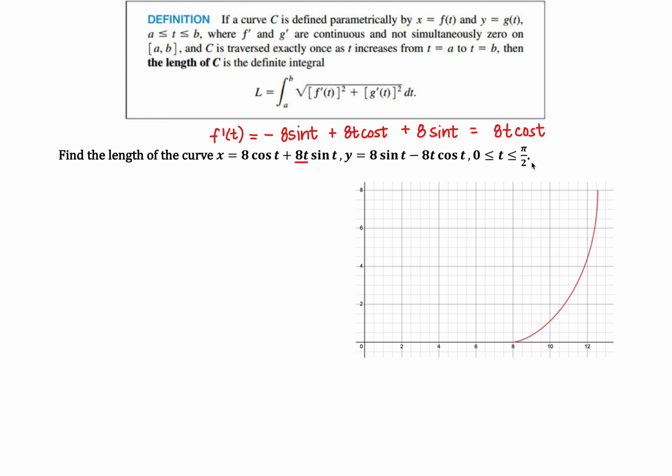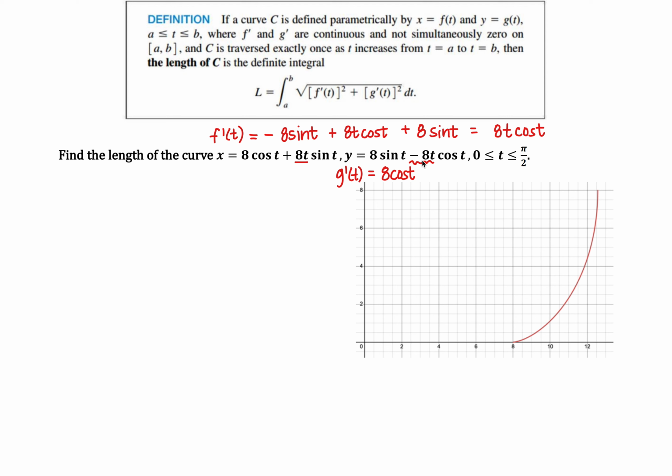Now we're going to do the same thing here for y. So y is equal to g of t, so g prime of t. We're going to take the derivative here, so we get 8 cosine t. Then just to keep things simple, we're going to use the product rule again. I'm going to treat this as negative 8t there. So we're going to take negative 8t times the derivative of cosine t.